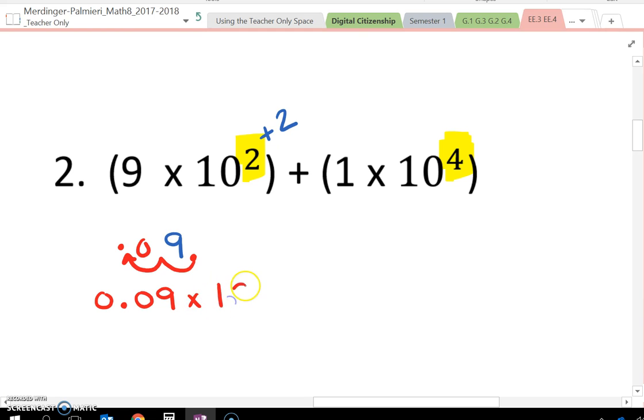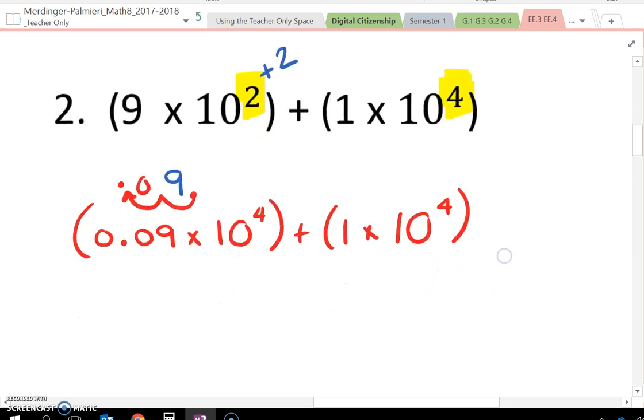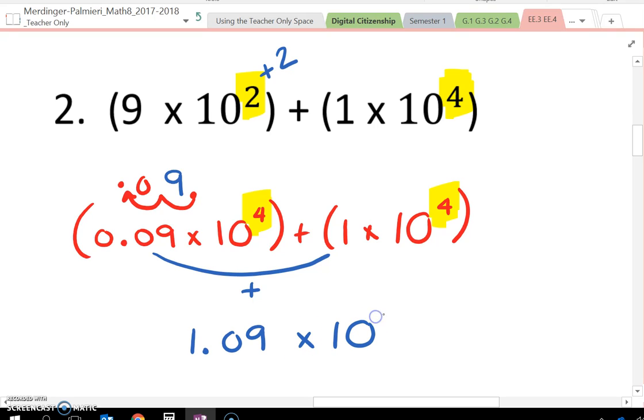Now this is times 10 to the 4th power plus the 1 times 10 to the 4th power. Now we go back just like problem number 1. You say to yourself, is the exponent the same? If the exponent is the same, we are just going to add our first factor. So this is 1.09 times 10. And of course, we're going to keep our exponent common.